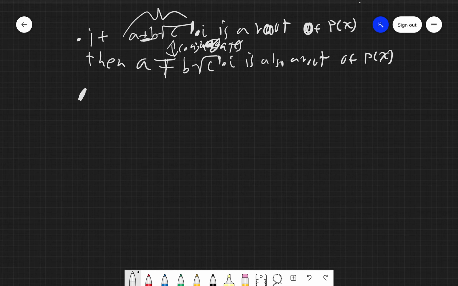So let's say we have something like, factor 3x cubed plus 2x squared minus, let's say, 6x minus 4. How can we factor this?